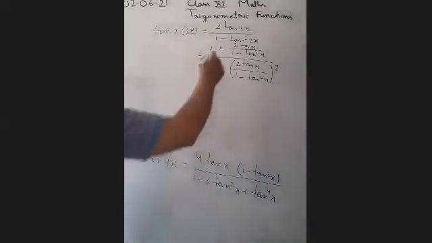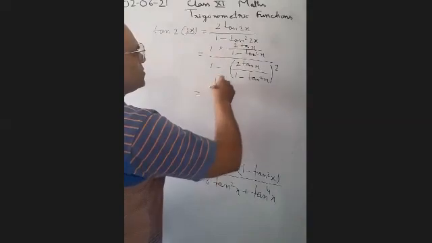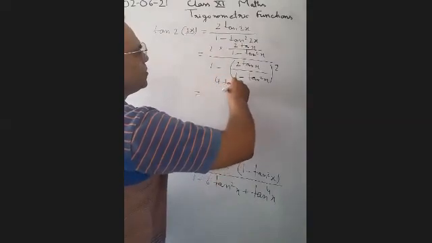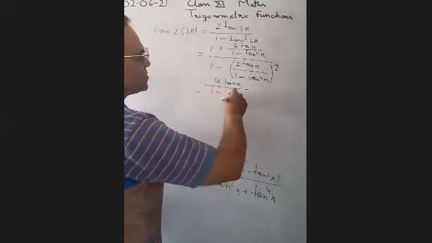So you can apply 2 into 2, which will be equal to 4 tan x divided by 1 minus tan square x.